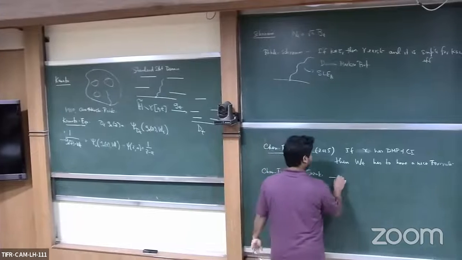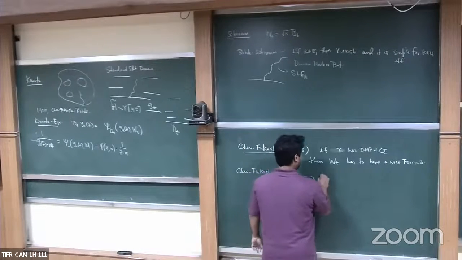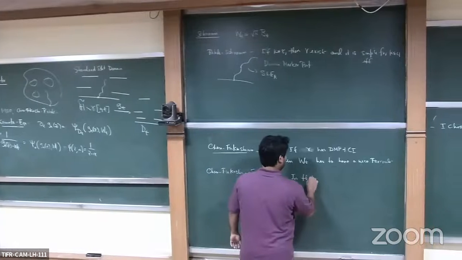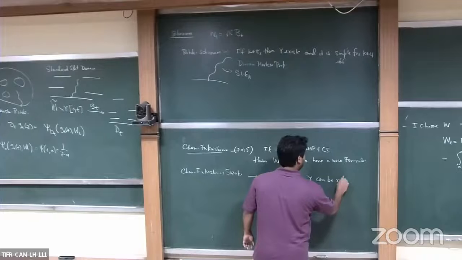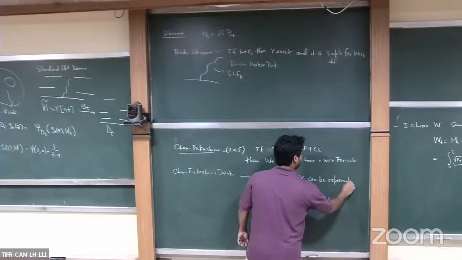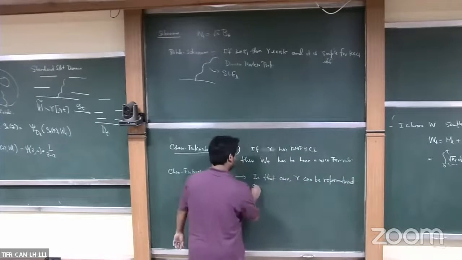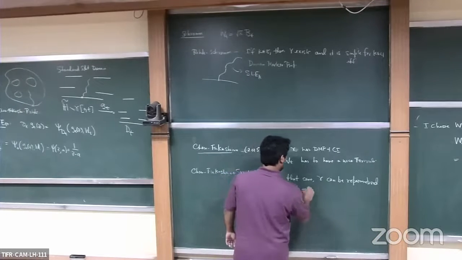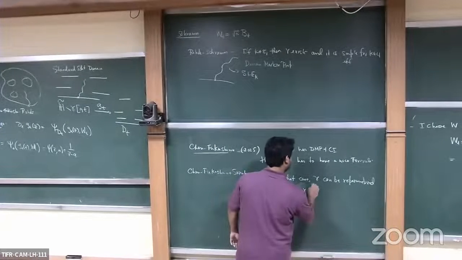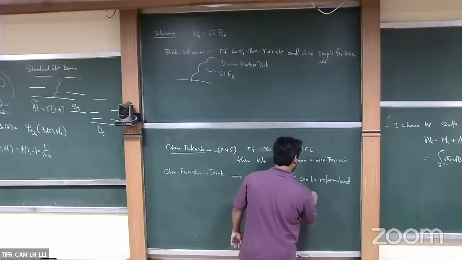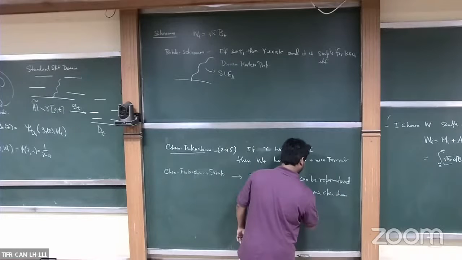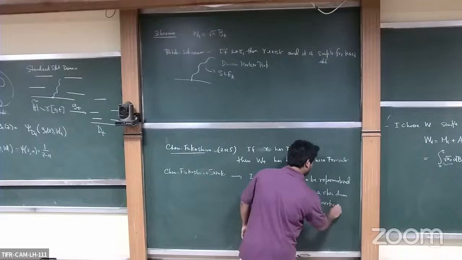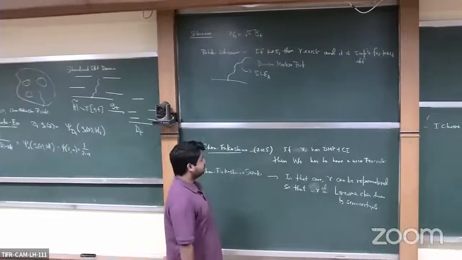It says that in that case, gamma can be reparameterized so that gamma is equal in distribution to a Loewner chain driven by a semimartingale.